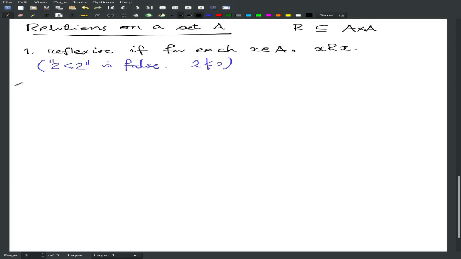But reflexivity is demanding that it should be true. x R x must be true for each x. That is the crucial part of the story. Why I am spending a little more time here is you will very soon see the next things which are not that assertive.